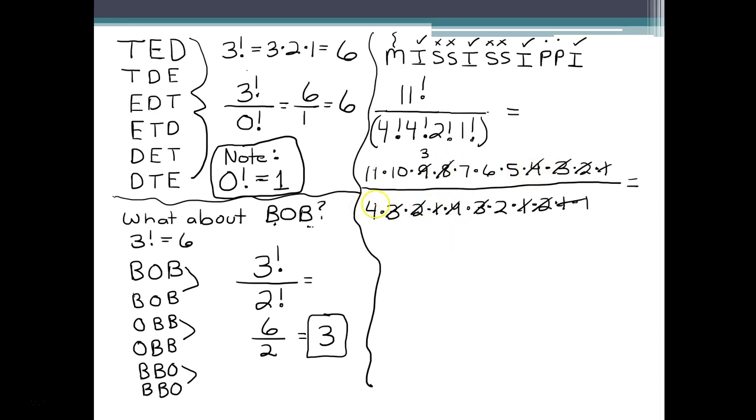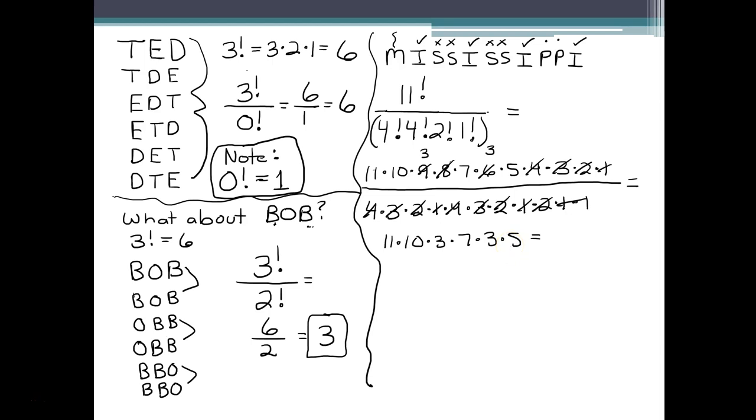I got a 4 and a 4. And then I'm still left with a 2 down here. 2 goes into 6 3 times. So there I am. I got 11. And you might reduce it a little differently, and that's okay. Just once you're done multiplying, you should end up with the same answer as me. Let's see, 11 times 10 is 110, times 3 is 330, times 3 is 990, times 35, whatever that comes out to.